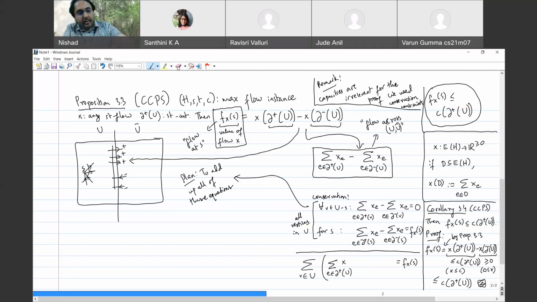Sorry, I did not mean U here, I mean V. And we are subtracting the edges that are incoming there. Okay, this is the left hand side. Does everybody agree? So far so good?